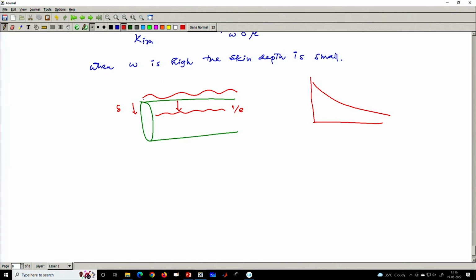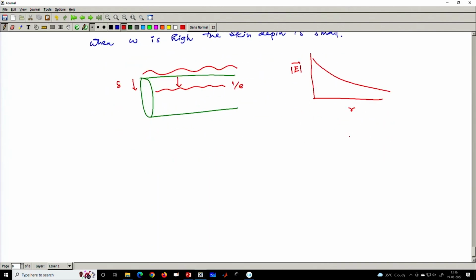So, most of a high frequency electromagnetic wave moves through a conducting material over the surface. This is the e value that is attenuating with respect to r.